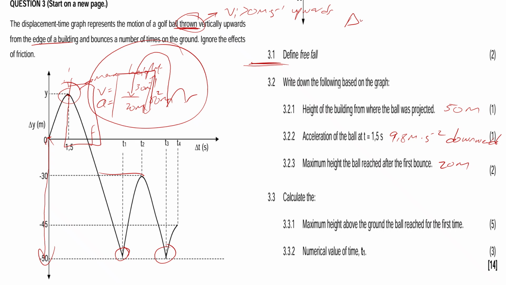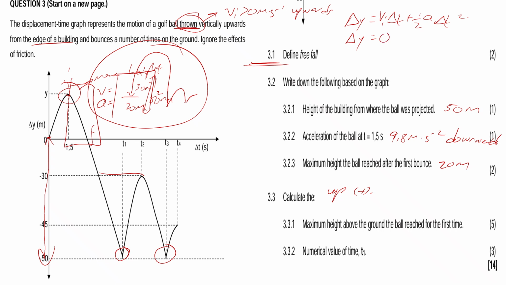So delta y equals vi delta t plus one half a delta t squared. Let us choose upwards as positive. If we choose up as positive, then our displacement has to be negative because it is going down.